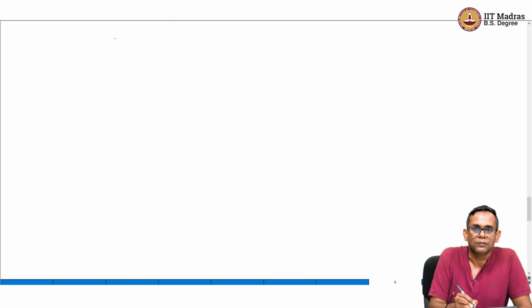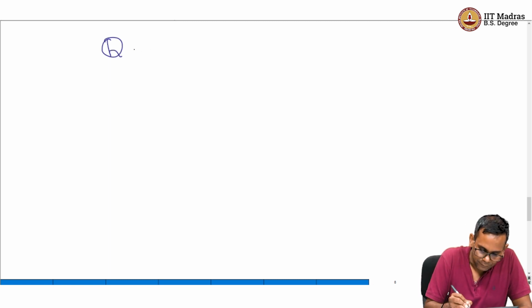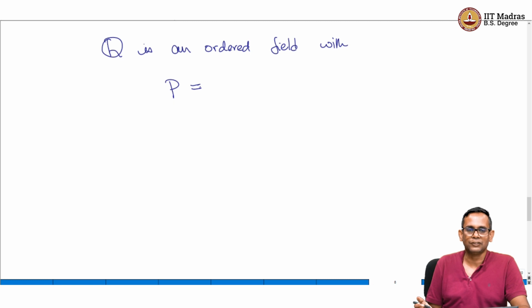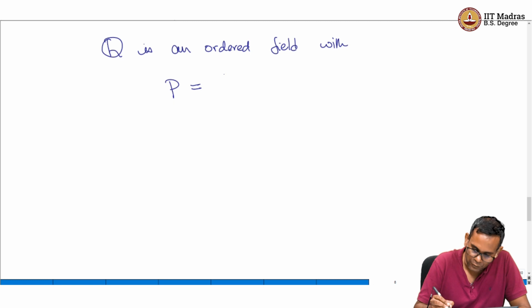The rational numbers form an ordered field, with the positive set just consisting of, remember we think of the rational numbers as ratios of integers, the denominator being non-zero, those ratios p over q, where p and q are both natural numbers, they are positive integers.